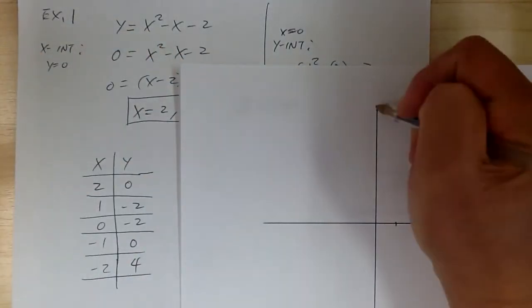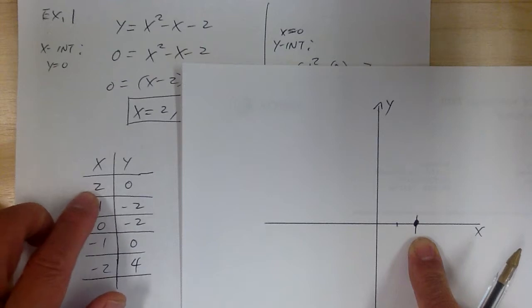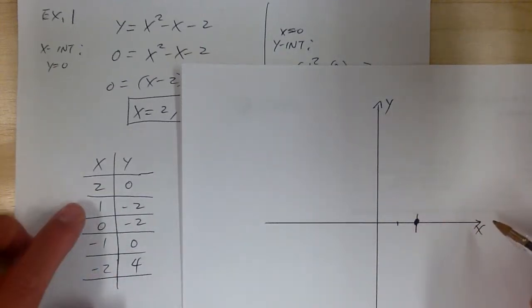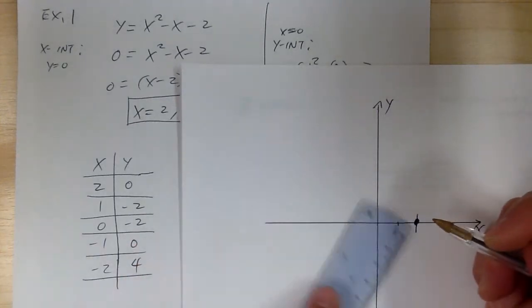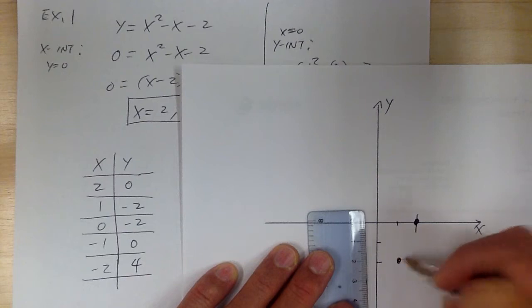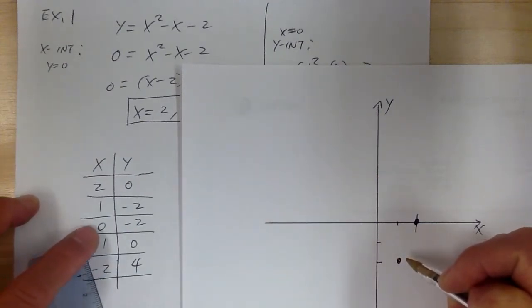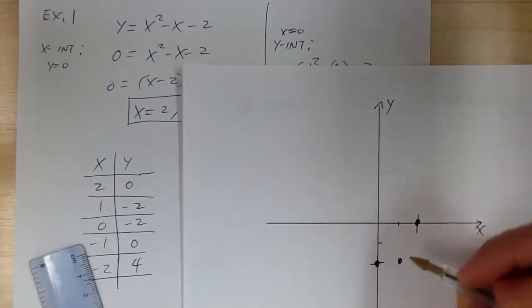Okay, so that's your x, that's your y. So when x equal to 2, y equal to 0. Next point, when x equal to 1, y equal to negative 2. So that's this one here. Next one, when x equal to 0, y equal to negative 2. So that's the point over here.